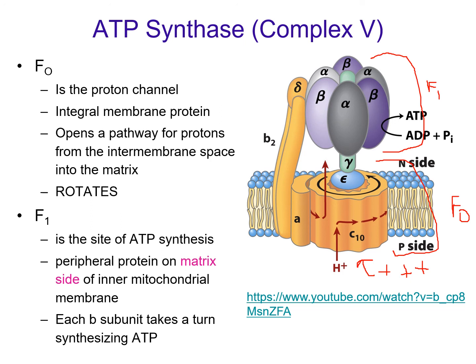All right, so each subunit is going to take a turn actually taking in an ADP and a phosphate. And as it rotates, it's going to condense the ADP and that phosphate together to create ATP, and then the ATP is going to be released.